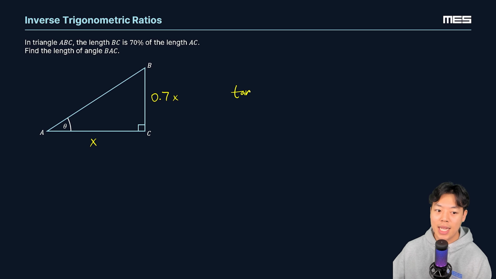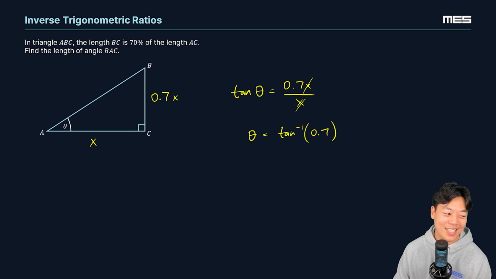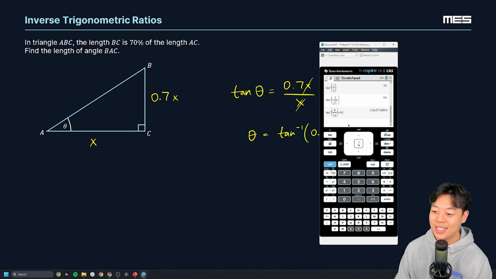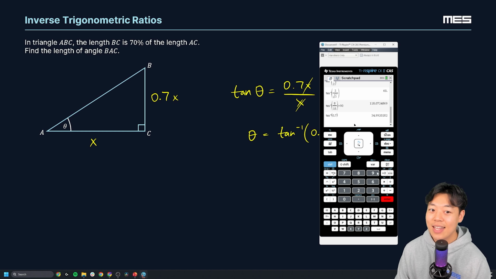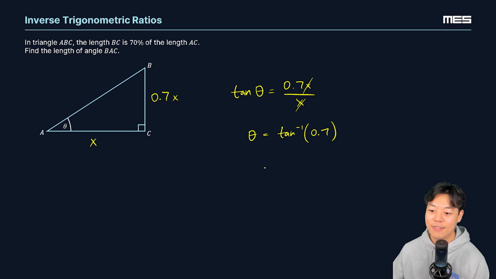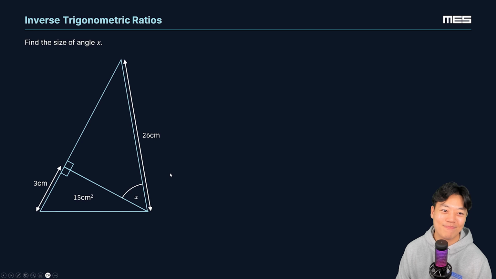Well, that's just going to be tangent of theta since we have the opposite and adjacent sides. 0.7x over x. Guess what? The x's cancel out. So theta is just inverse tangent of 0.7. How convenient. Control Enter. That's about 34.99. I'm going to round that up to 35 degrees.